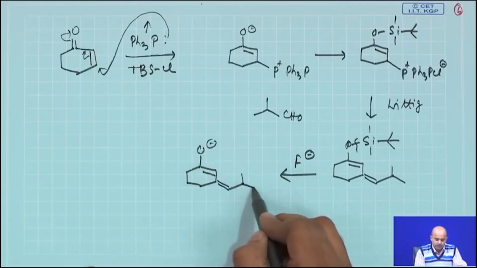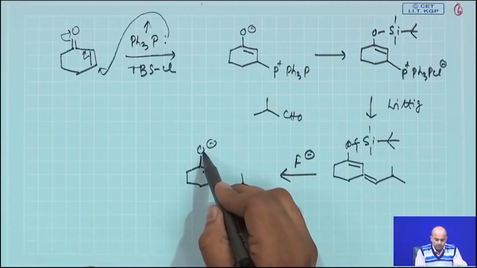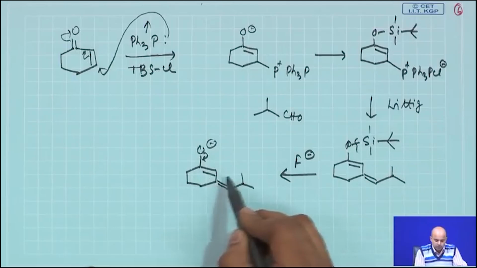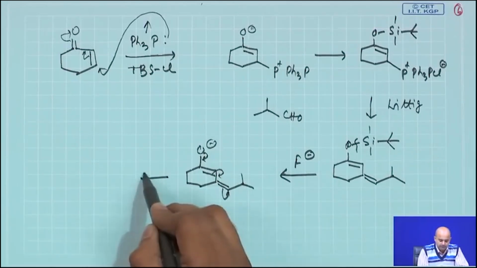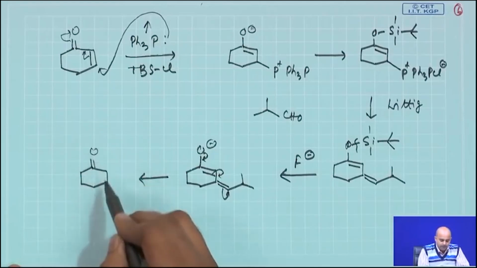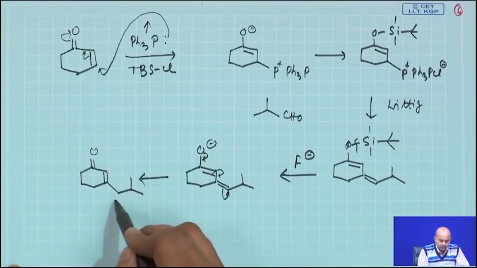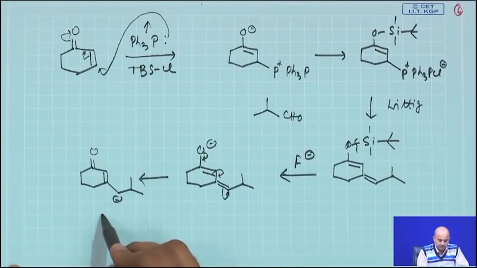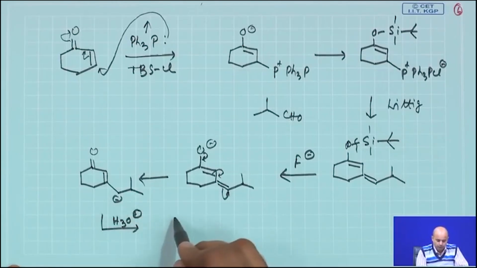Now, this enol will try to neutralize its charge through this kind of resonance, and this is now very close to the target structure which you have drawn. Now, this minus will accept the proton from an acidic source if you use some water, and will basically give you the product.